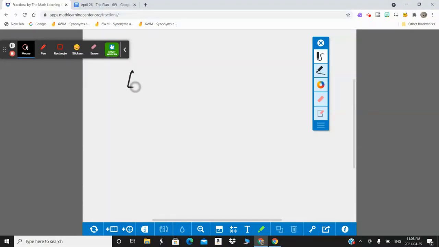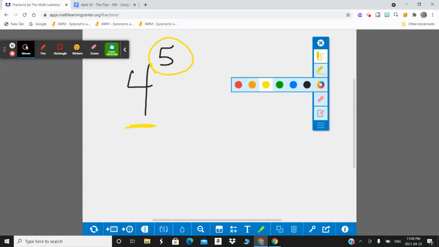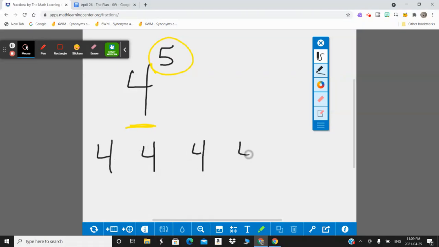So let's do 4 raised to the power of 5. Our base number is 4. Our exponent is 5. That means I'm going to write 1, 2, 3, 5 number 4's, and I'm going to multiply them. And this is definitely where you could sit and do 4 times 4 and then get 16 and multiply it by another 4 and then just keep going.